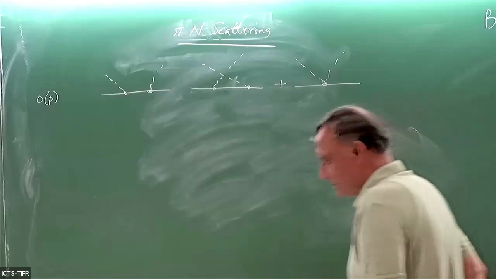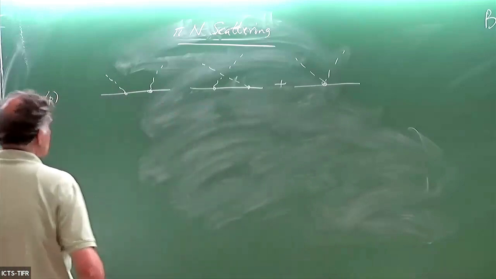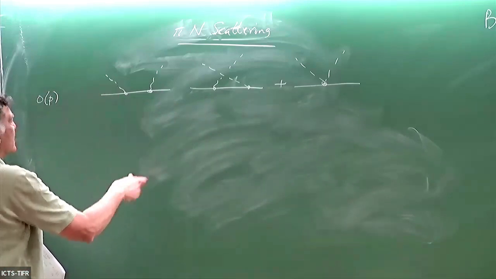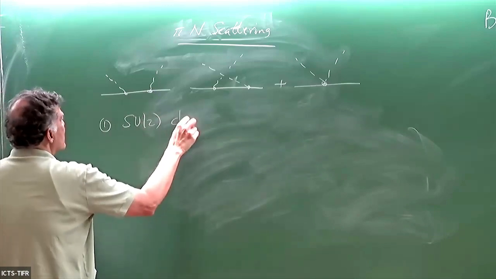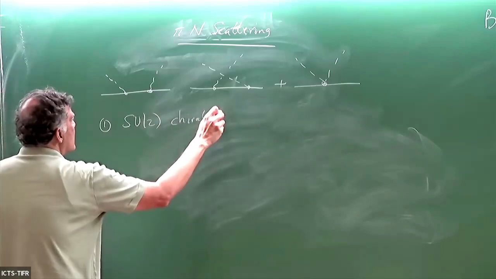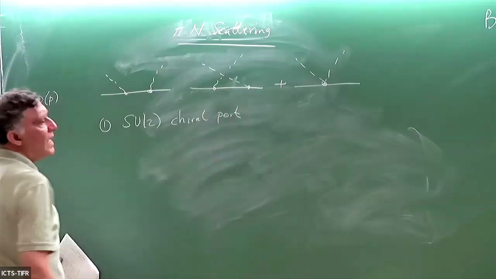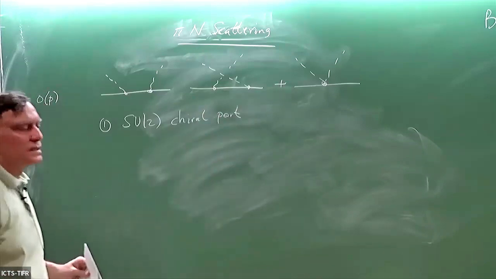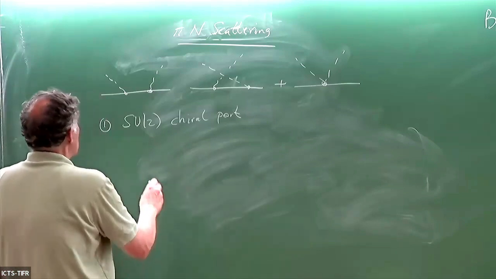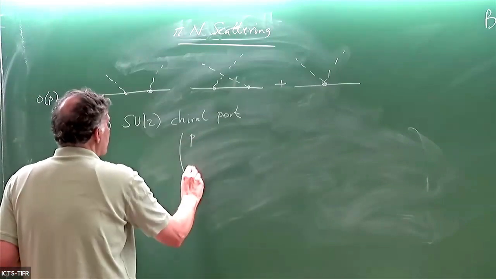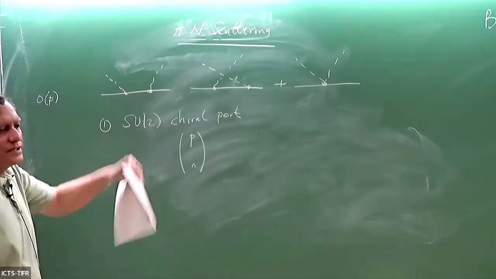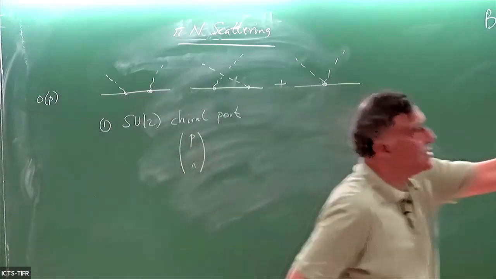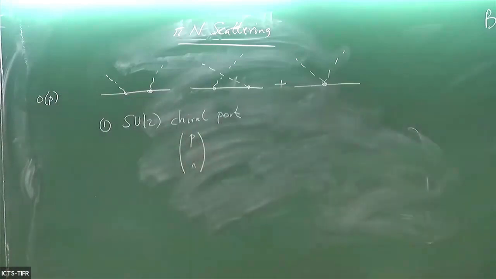So actually, I should do some other thing first. Just to avoid problems, I'm going to just do SU2 chiral perturbation theory. So we only have the pions, no kaons and etas. And then the nucleons are the column vector, proton and neutron only. The only difference is that now you don't have two invariants.